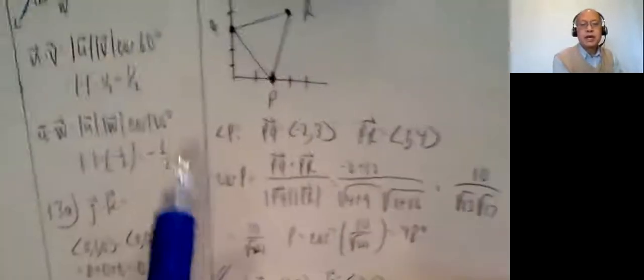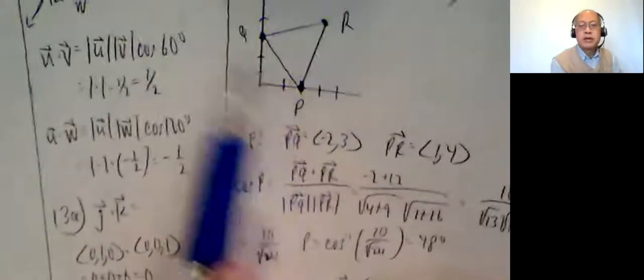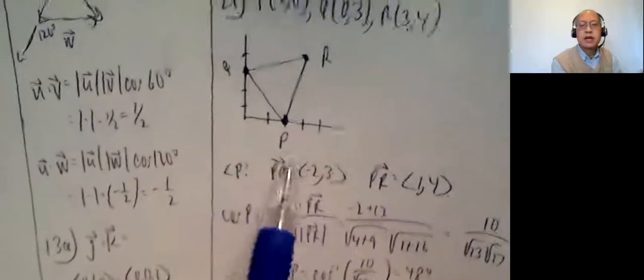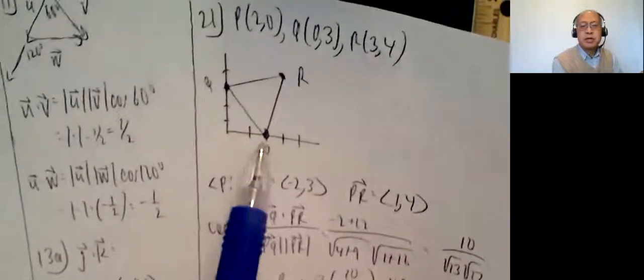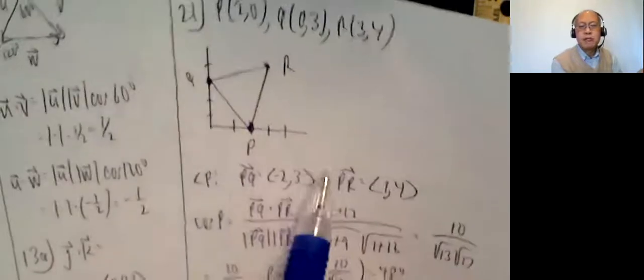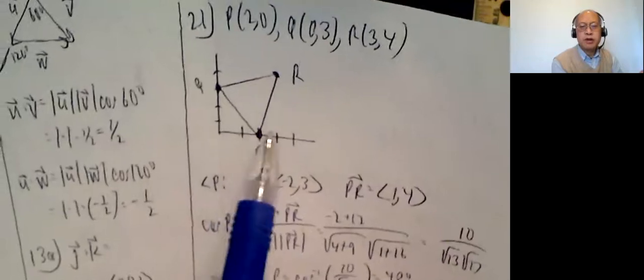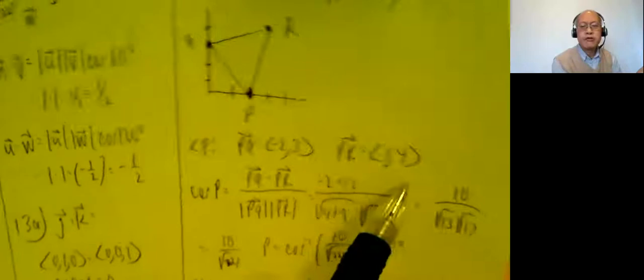So for angle P, I need the vectors PQ and PR. PQ is negative 2, 3. From this point to this point, you subtract 2 for X and you add 3 for Y. PR, to go from there to there, you move 1 to the right and 4 up. So the vectors are negative 2, 3, and 1, 4.